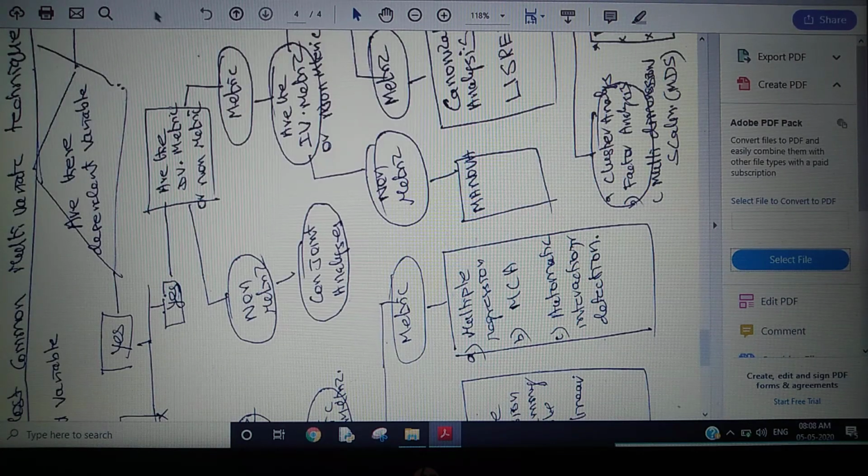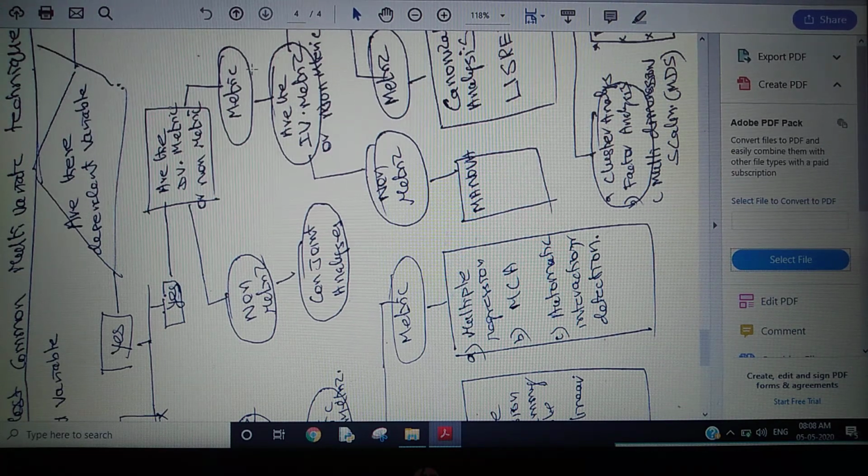So a dependent variable exists, and there is more than one. Are the dependent variables metric or non-metric?